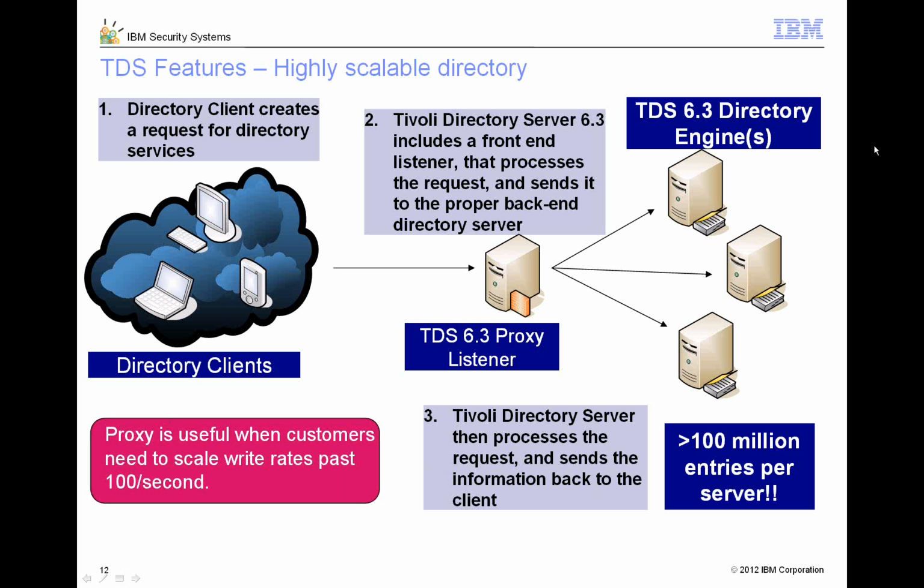There are customer deployments where proxy is being used for a directory topology where you have consolidated more than 100 million entries. I know of a customer, a US based customer, that has 500 million entries partitioned across multiple directory instances, and they are using proxy to do the load balancing and failover and so on.